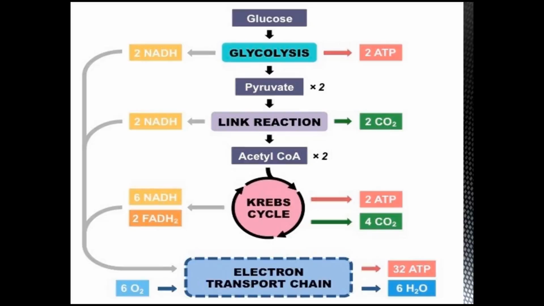After that, the 2 molecules of pyruvic acid enter into the mitochondria, and the oxidation of pyruvic acid into carbon dioxide and water takes place through this cycle, after the link reaction.